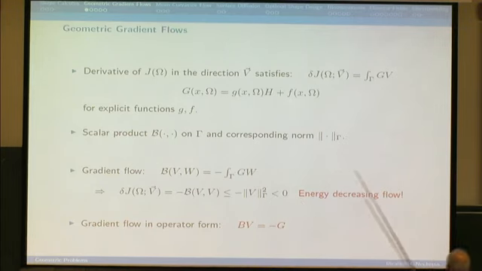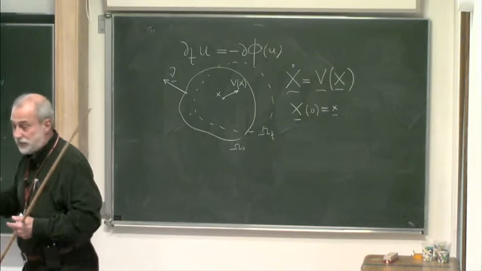But then I want to define the concept of gradient flow, that at least at this stage is a way to do numerics. You may want to think of this as a natural or physical process. That might also be true in some examples, but I want to deform an initial configuration into something that will be a minimizer, and I want to do it in a continuous way. I want to define a flow, a descent flow.